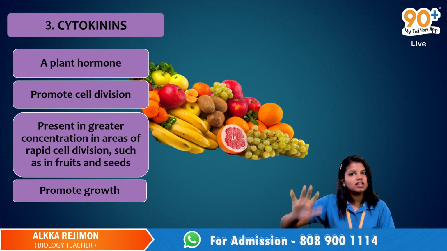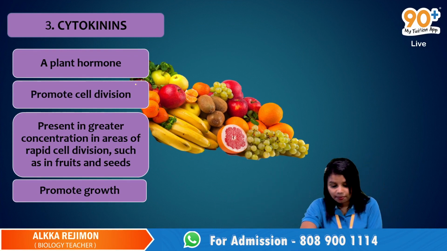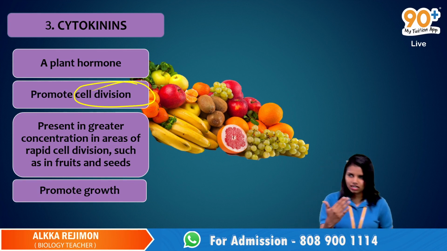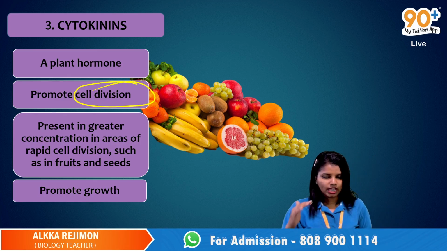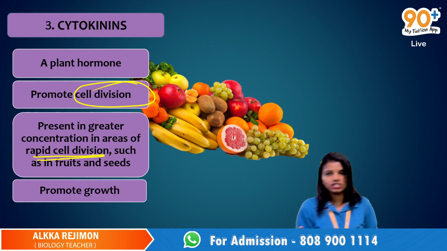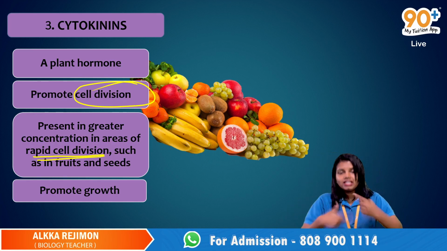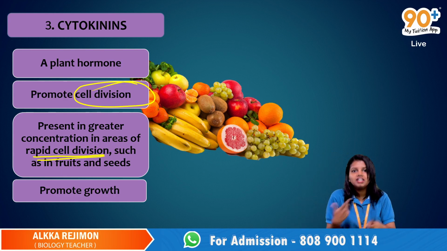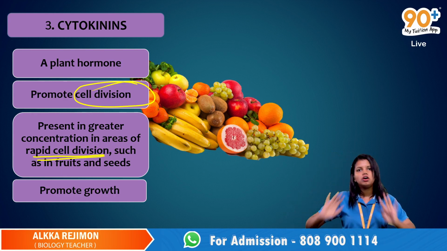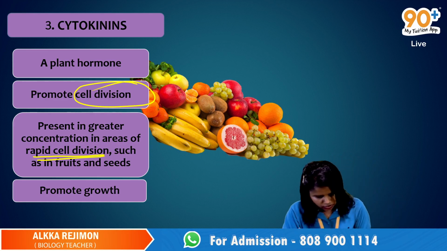Cytokinins are another category of plant hormone which helps in cell division, that is, promoting cell division. It accelerates cell division, and because of that, these hormones are seen in regions where rapid cell division is happening. Wherever the plant is quickly dividing, wherever a sudden division is needed, in all those regions you can see this particular hormone called cytokinin.